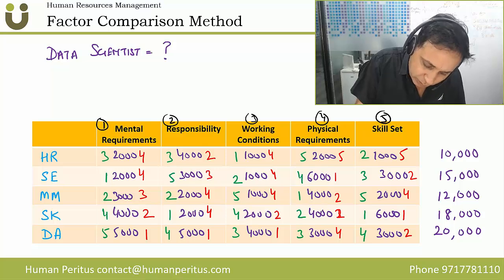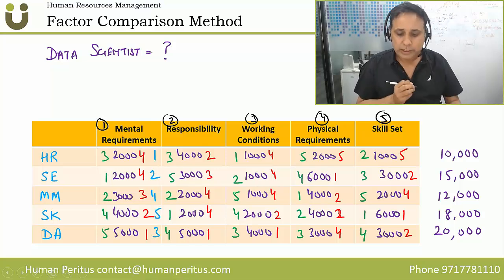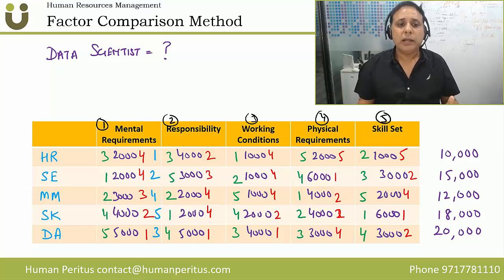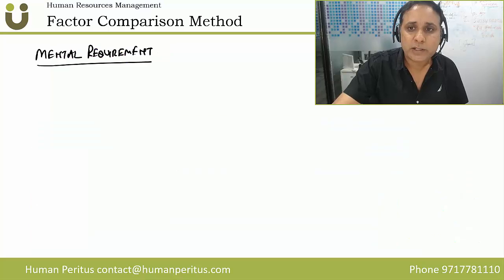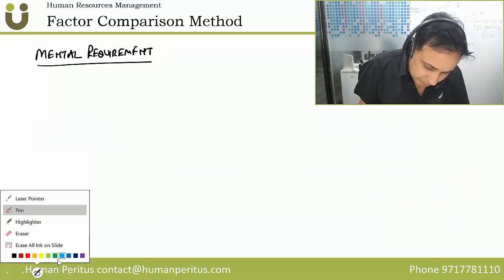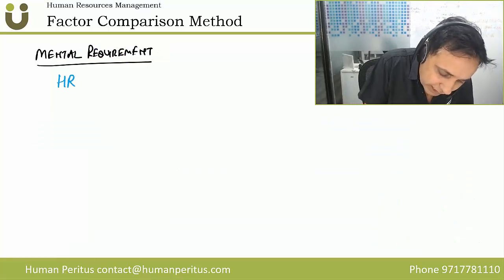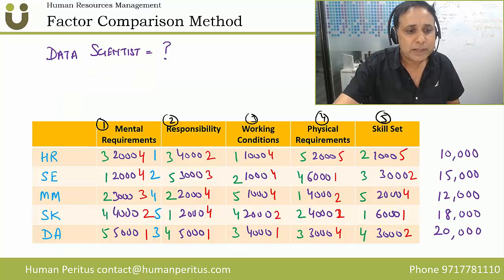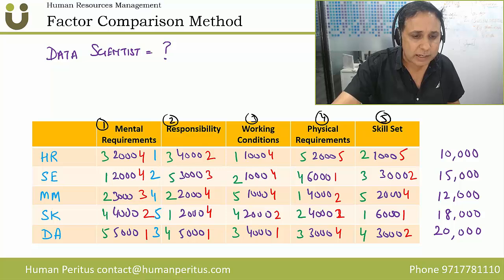My ranks are eventually 1, 2, 4, 5, 3. So guys, what I do is, I find that for mental requirement, for HR the rank is 1. And how much? 2000. So under mental requirement, I write HR first and I write 2000 in front of it. What is second? Second is software engineer and then 2000.